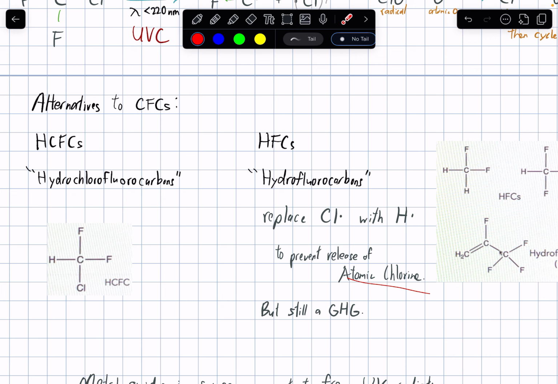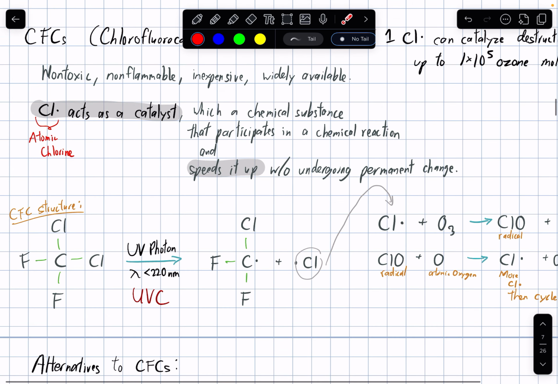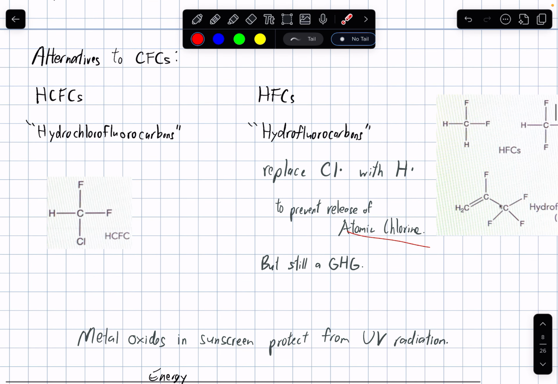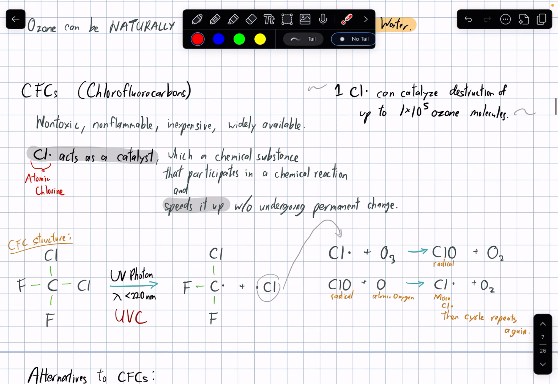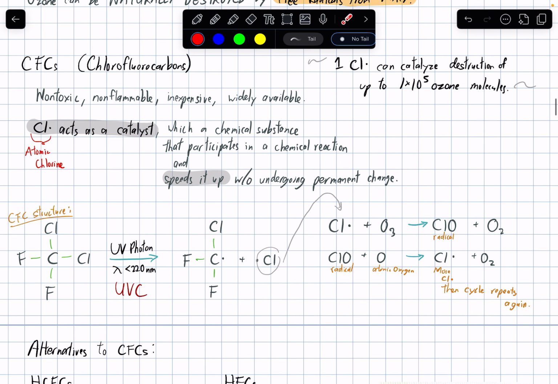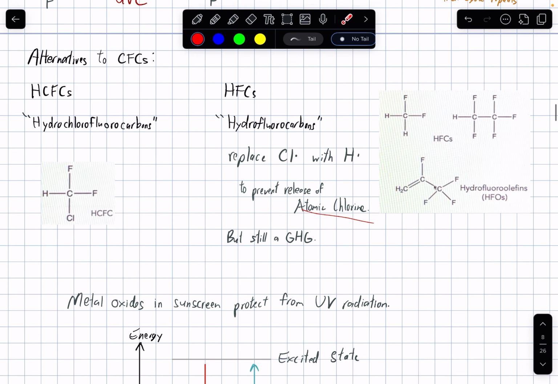HFCs, hydrofluorocarbons, what's good about this is it replaces the atomic chlorine that's released by chlorofluorocarbons with just H, atomic hydrogen, I believe. So the prevention of the release of atomic chlorine means that the catalyzation of the destruction of ozone molecules will not happen.